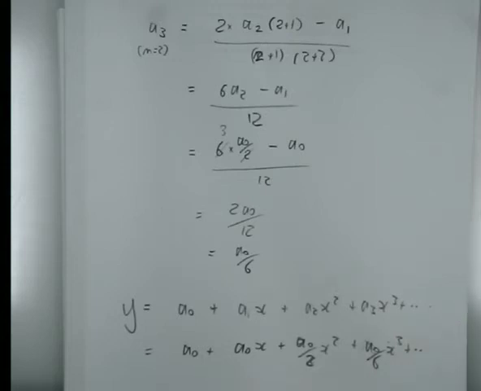And it looks remarkably like that's going to be A0 times e to the x by the look of it. I can't be sure, but I'm fairly sure. Because so far we've got divided by 0 factorial, divided by 1 factorial, divided by 2 factorial, divided by 3 factorial. I can't be sure until I do a few more.